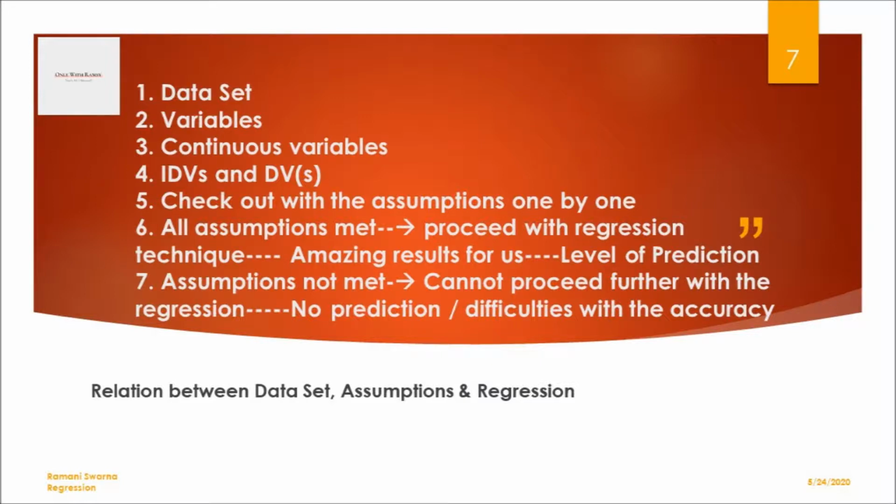Then what am I supposed to do? I cannot do any kind of prediction. That's one thing. And I have difficulties with the accuracy. So have I reached a dead end? I'm seeing only the jungle in front of me, as we see in the movies, where the car is halted with a screeching brake sound.